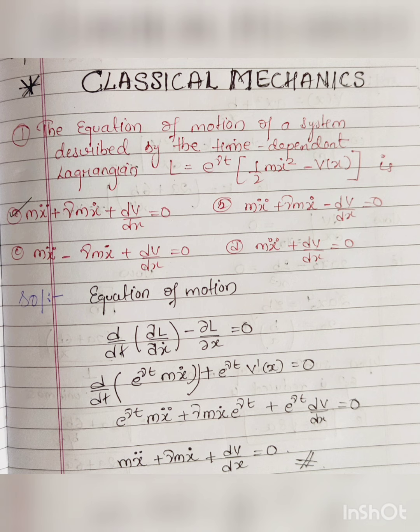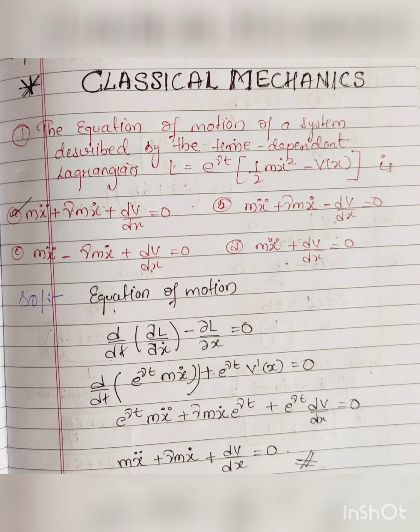Taking the first function e to the power of nu t into m x double dot, plus the second function as it is, m x dot, taking the time derivative of the exponential e to the power of nu t, that is nu into m x dot e to the power of nu t, plus e to the power of nu t, where v dash of x is dv by dx, is equal to 0.